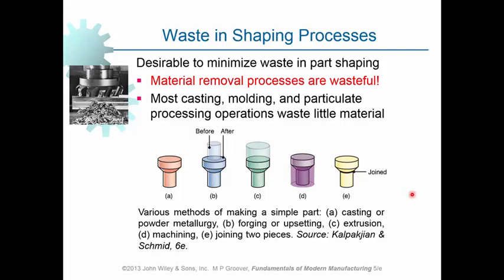And as we can see, it's only in D, or machining, that we are wasting the material. As you can see, this portion of the material will be removed and it will be converted to swarf that is useless. In the other ones, we are not wasting the material. So this is the least desirable manufacturing method, and we've got to avoid it as long as we can.